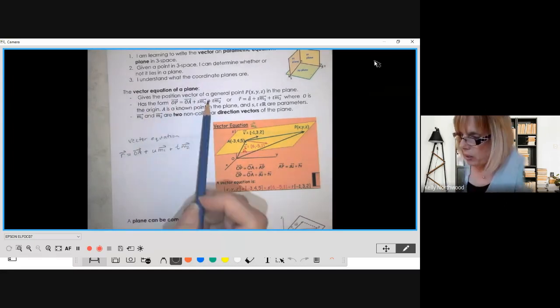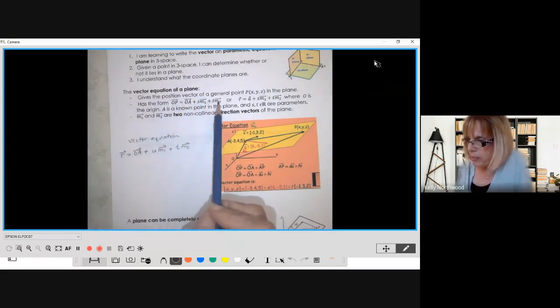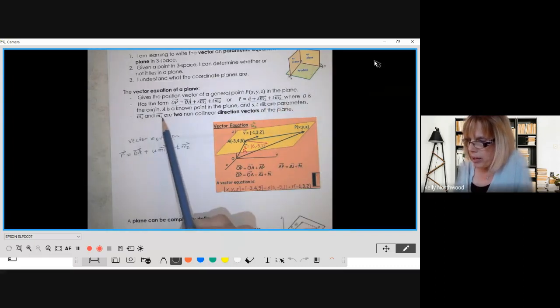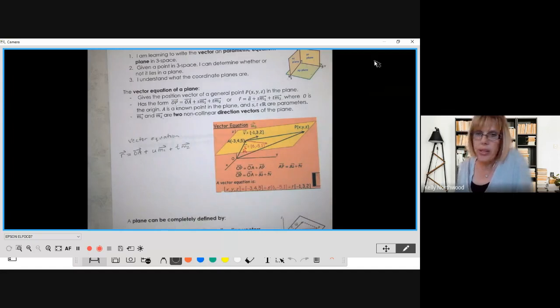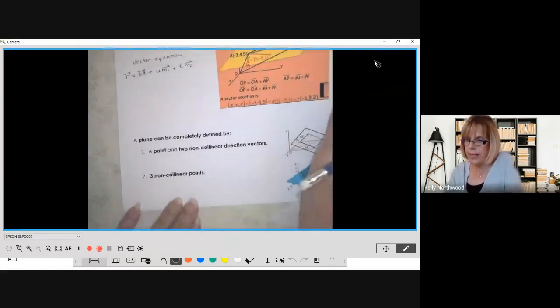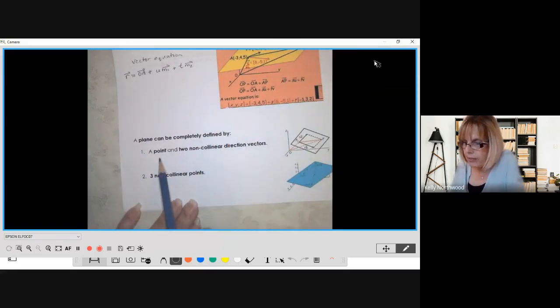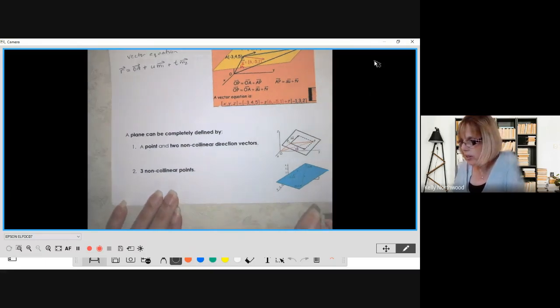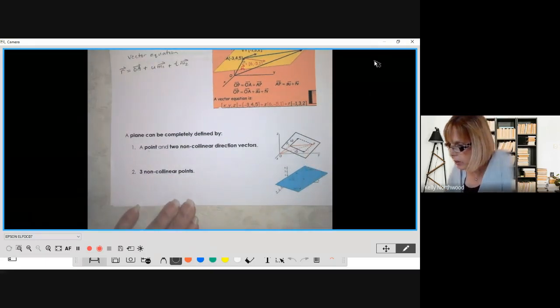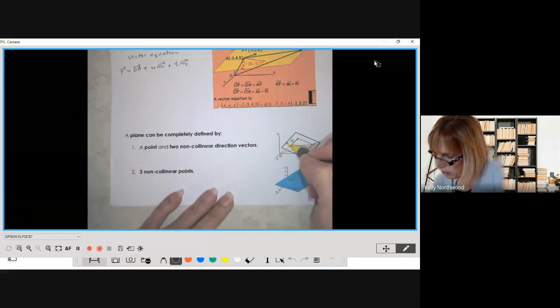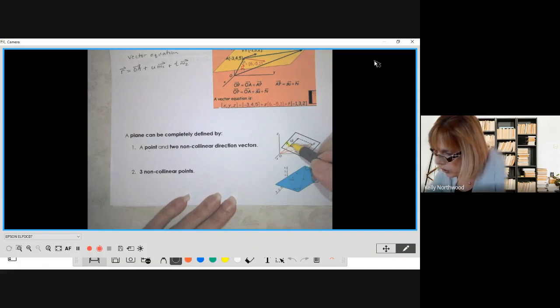And I've given that description up there, the same way that he developed it. M1 and M2 are two non-collinear direction vectors that are in the plane. So a plane can be completely defined by a point and two non-collinear direction vectors. That's the setup here, where you're given this point and the two non-collinear direction vectors.